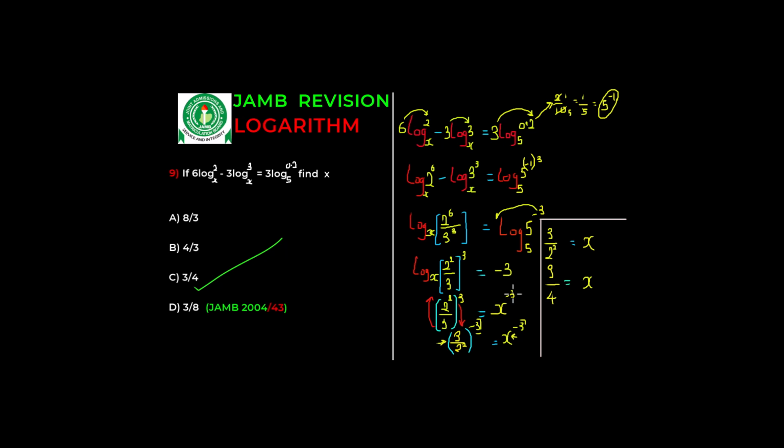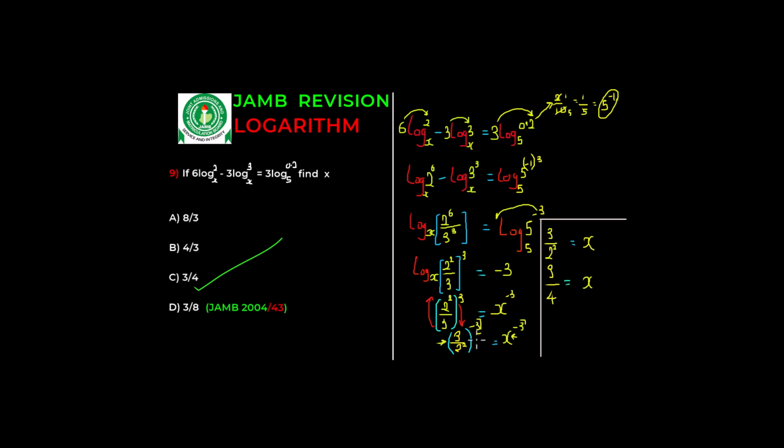So we needed minus 3 here and minus 3 here as the power. Introducing minus 3 here, it was 3, so we invert, the denominator becomes the numerator and the numerator the denominator. We did that and the power became minus 3.